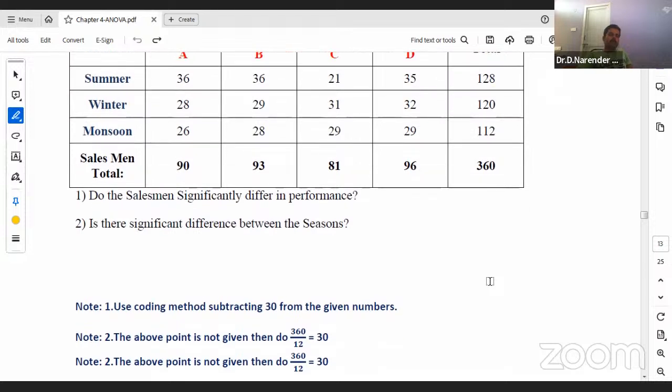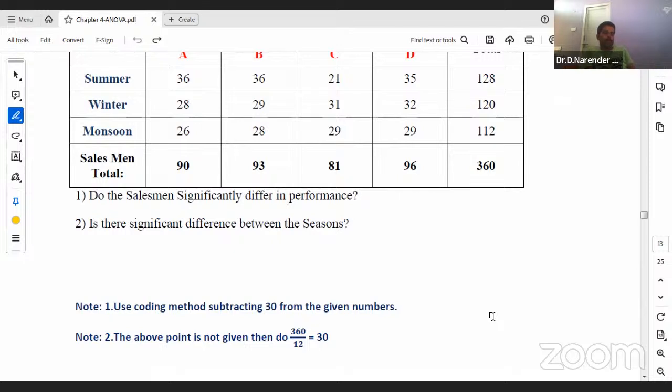See the first column A and summer, that is 36. From 36 just remove 30, you get 6.